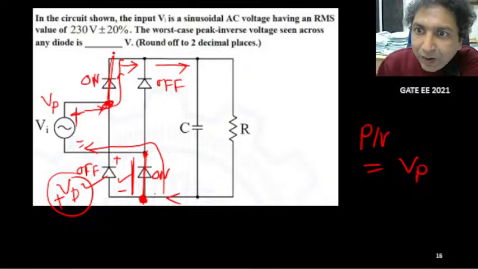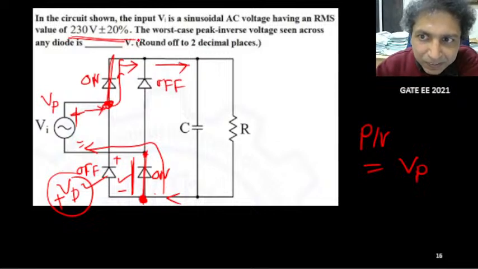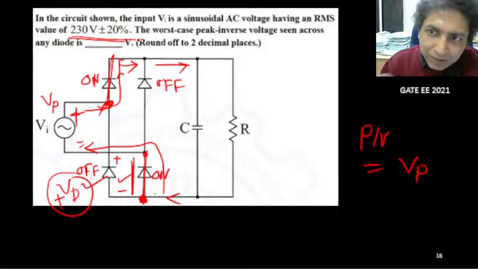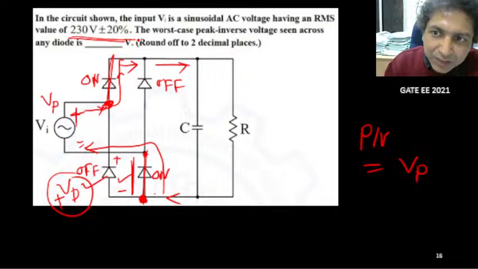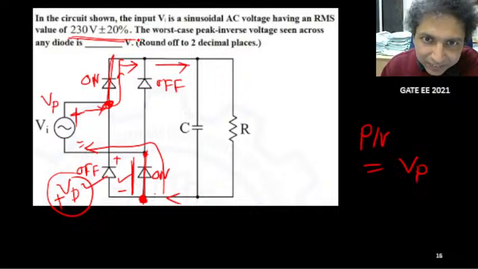So we need to find Vp, the peak voltage, that is important. The RMS value is given. Can you find the RMS value first? It is 230 volt plus minus 20%. I want to consider the maximum peak, so I will consider the plus sign, not minus. So 230 volts plus 20%.